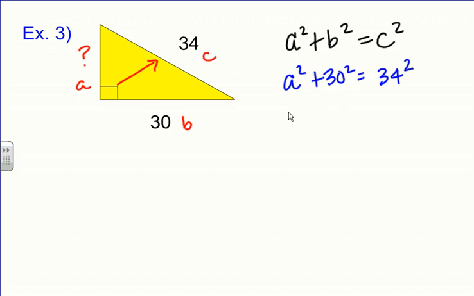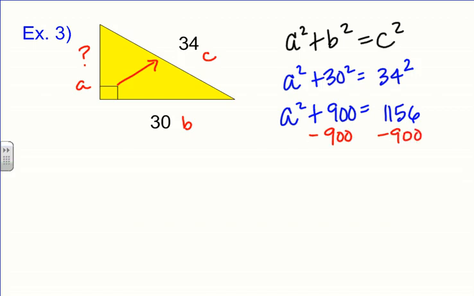Now we'll go through and simplify. I know 30 times 30 is 900. And 34 times 34 is equal to 1156. What this is telling me is that something plus 900 is going to give me 1156. So in order to figure that out, I've got to subtract these numbers. So I'm going to subtract 900 from both sides, because we know 900 minus 900 is 0, so it goes away.